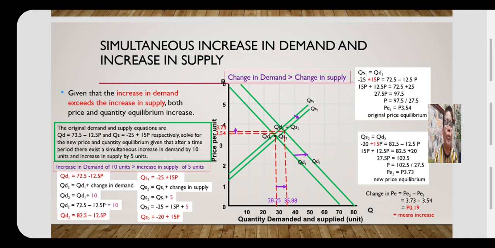Notice also as to where we can find the original equilibrium point. The original equilibrium point can be observed at the intersection of the original supply and the original demand curve. So at that point of intersection between the original demand curve and the original supply curve is a quantity equilibrium of 28.25 and a price equilibrium of 3.54.